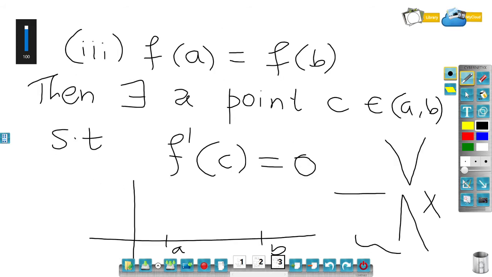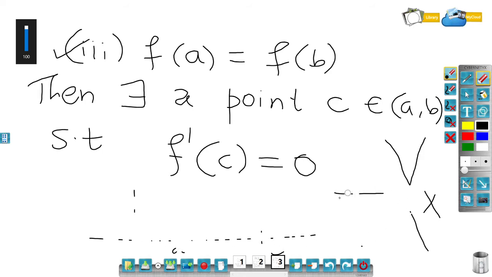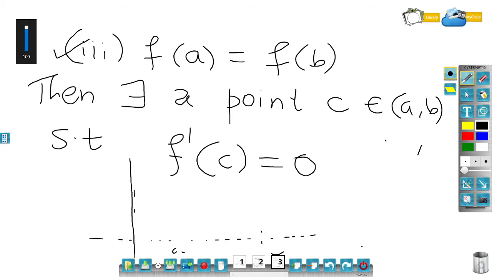And the third point says that the images at a and at b must agree. So f(a) and f(b) must be the same. If this happens, then you can always find a point c between a and b such that f'(c) is equal to 0. So let me draw this.